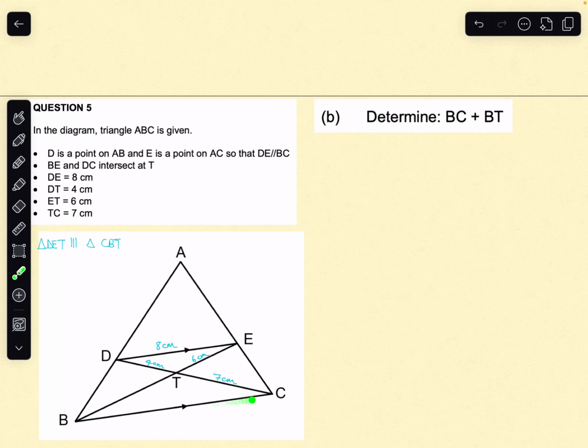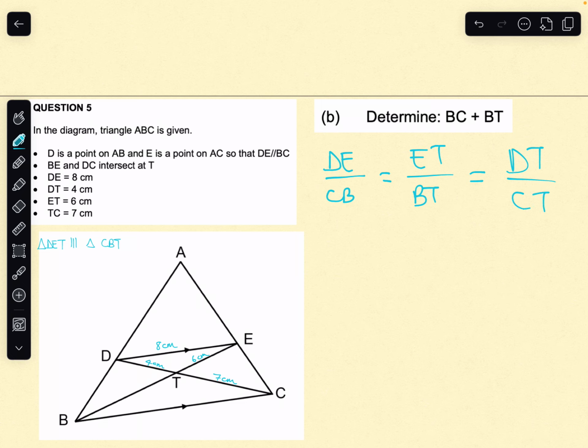Like, are the sides in this triangle double the ones in this triangle? To do that, we're going to set up our proportion statement. So DE over CB is equal to ET over BT is equal to DT over CT.